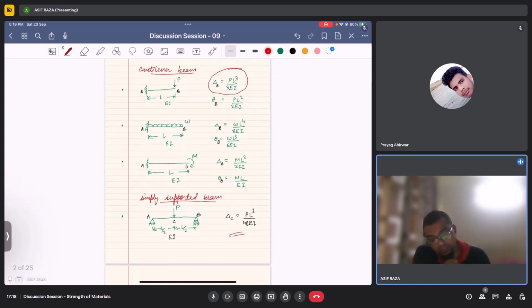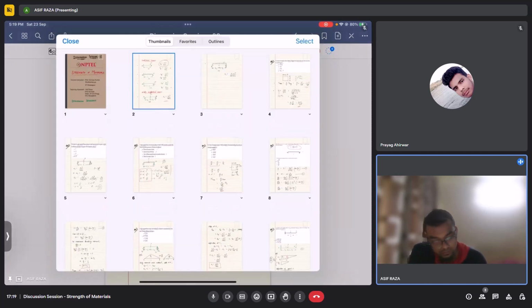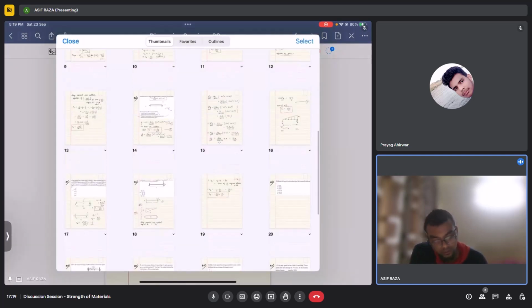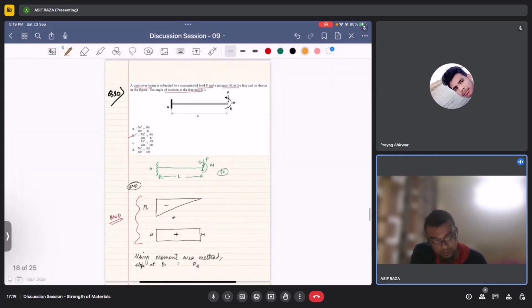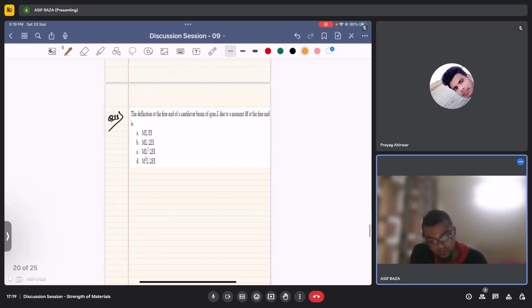So for this case, to solve the current problem, you need to use this one and this one, right? Okay, moving on to the next question now. I hope this is okay.